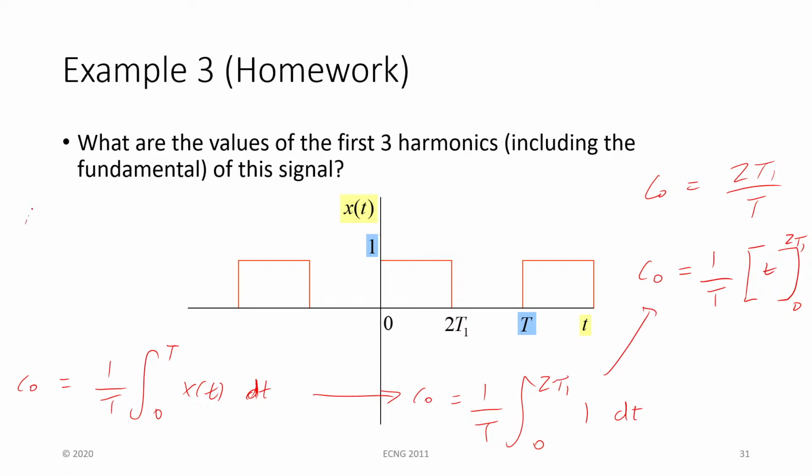So I told you guys earlier to assume 50% duty cycle. Now, in assuming 50% duty cycle, that means we can establish a relationship between T1 and T accordingly.